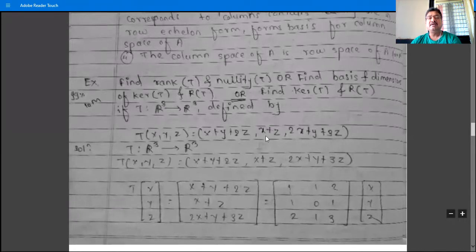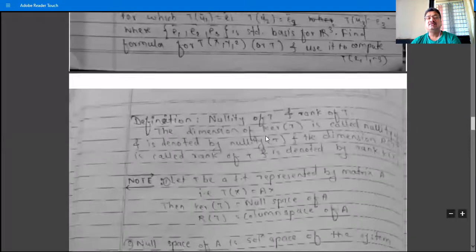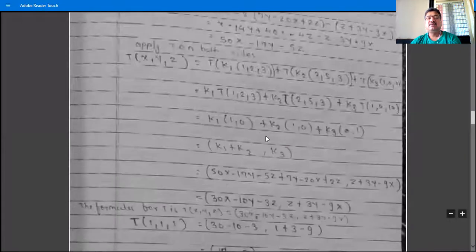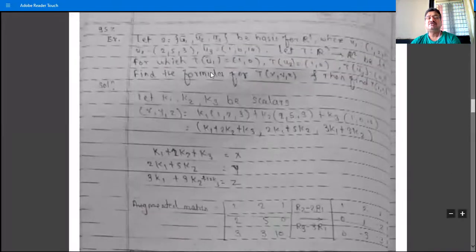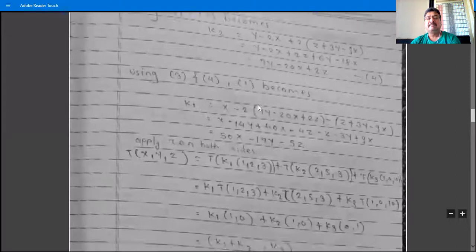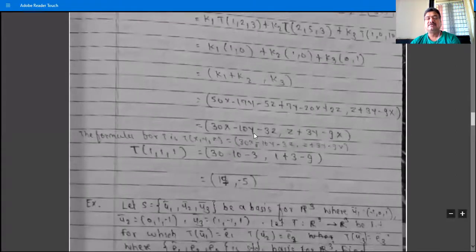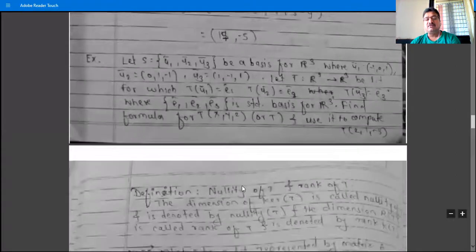In some examples, we are given the images of the basis elements of the domain, and then we have to find the formula for T(x,y,z), the formula for that linear transformation. That is, we will find the formula like this: T(x,y,z) equals this, and then we have to find its rank and nullity.